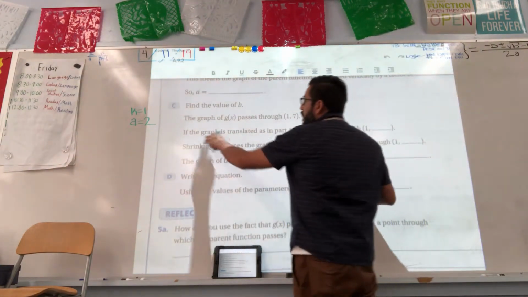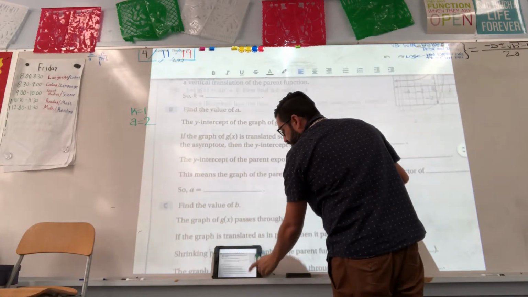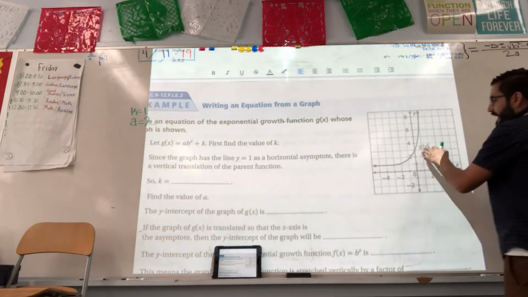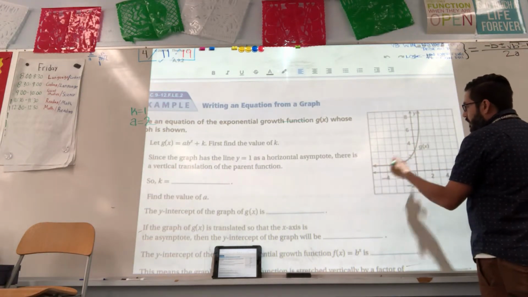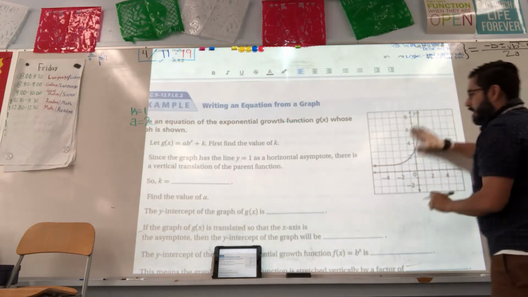All right, so what we need to know is that the graph of g of x passes through (1, 7). We're going to choose (1, 7) here, but just know it could be any point on the line, really. We're just going to choose it because we know it goes through that point.